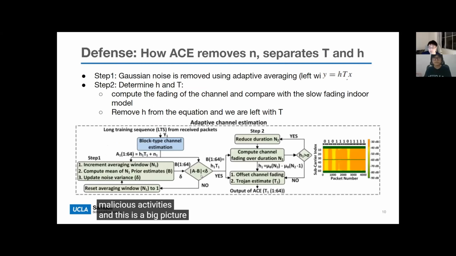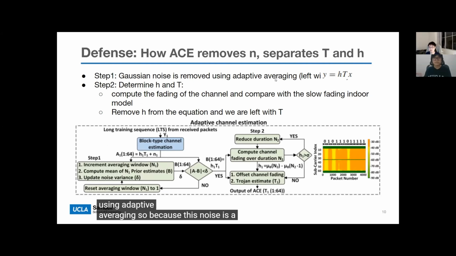And this is a big picture of how the ACE works. It eliminates the noise and identifies malicious activity in basically two steps. In step one, it removes the Gaussian noise, basically the n term, so that we are left with h, t, and x using adaptive averaging.